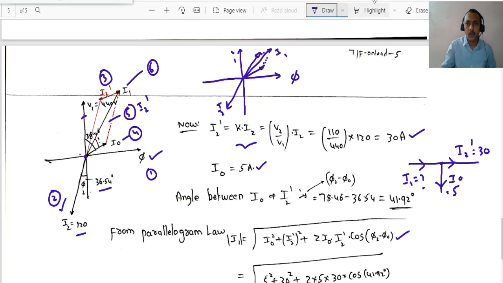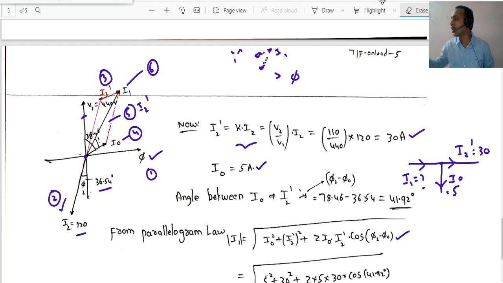That is what we have done in this diagram. So that is how we can draw the phasor diagram. If you observe, the angle is lagging, I2 lagging at some angle phi 2.